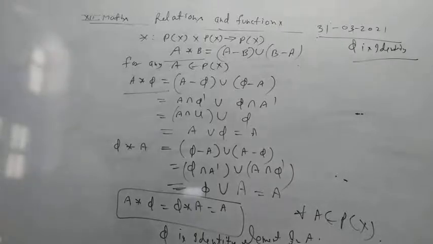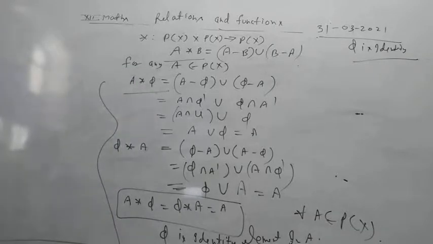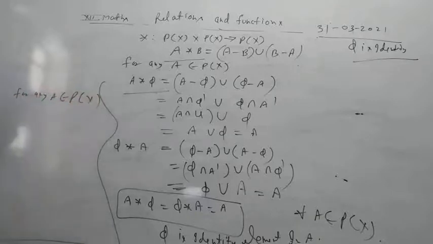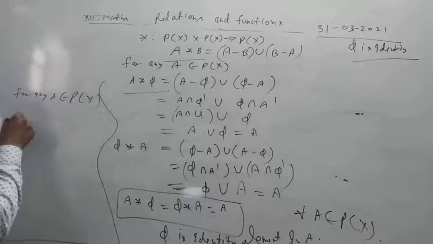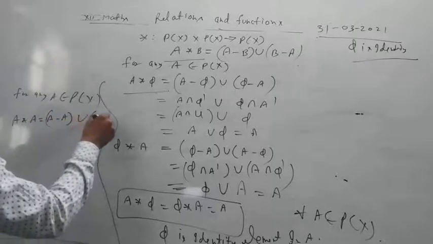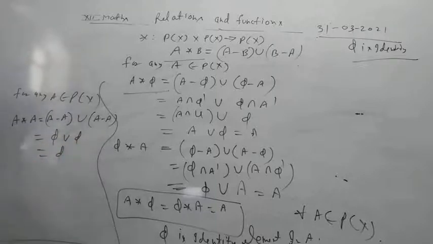Now students, we have to find the inverse. So for this, we take any A belonging to P of X. You know we write A star A is equal to A minus A union A minus A, and this is phi union phi, this is phi.